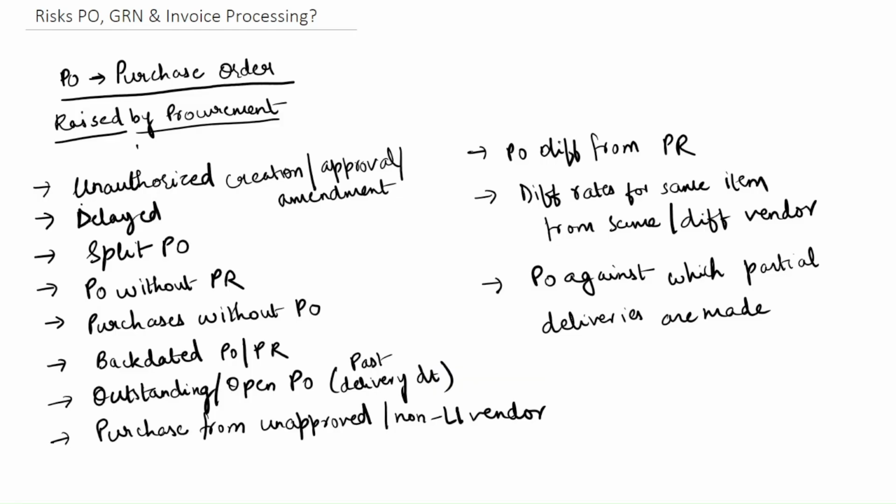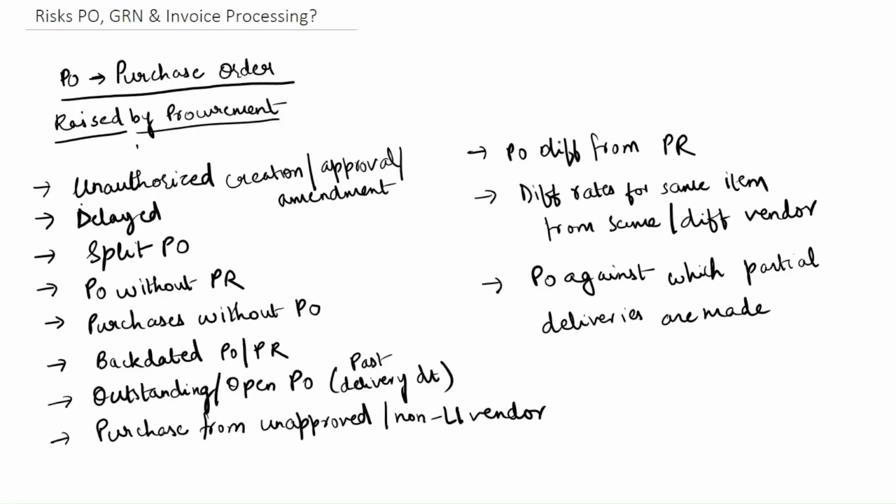If the purchase orders are raised with a delay, that is, they are raised after a lot of time after the purchase requisition has been created, then it can impact operations. So you can analyze the time period between purchase requisition creation and the purchase order date to assess if there are any significant delays.